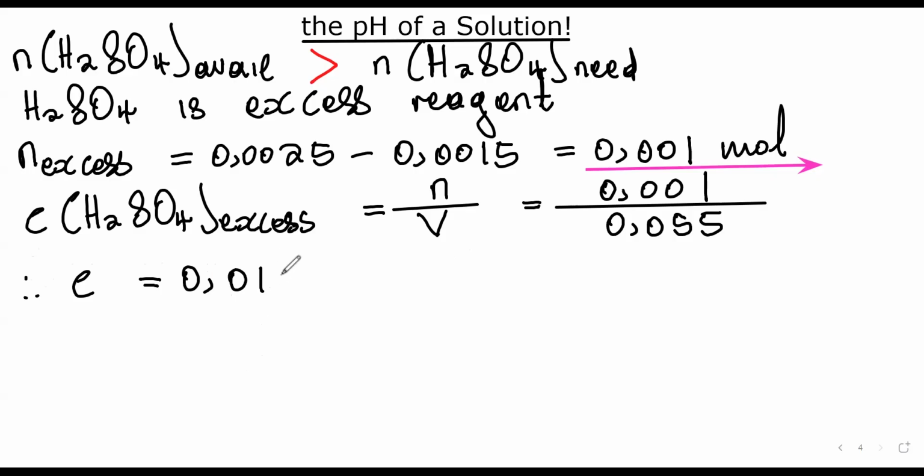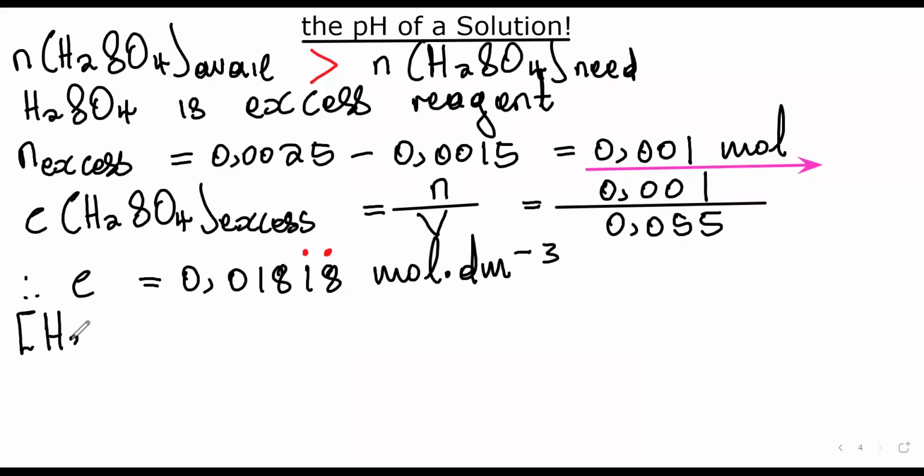Actually, it's 0.1818, so these 18 are recurring, mole per cubic decimeter. But this is the concentration of the acid. We don't need that. Well, we do actually.